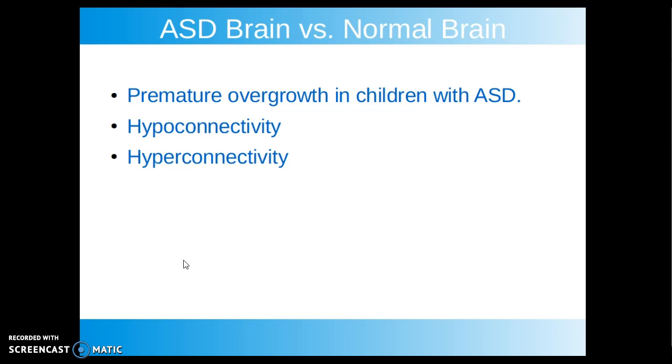This difference usually levels out around the age of 6. Their brains are about the same size, and as the lifespan goes on, with people with autism you see a possible regression, but that's not actually been proven thus far.